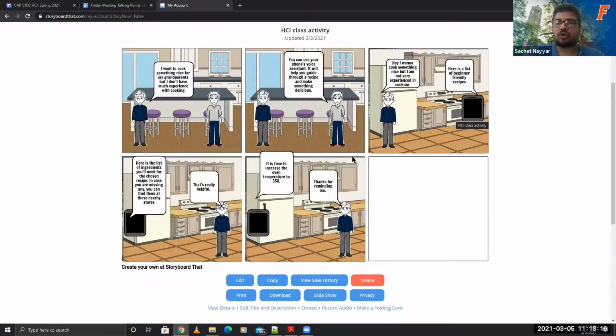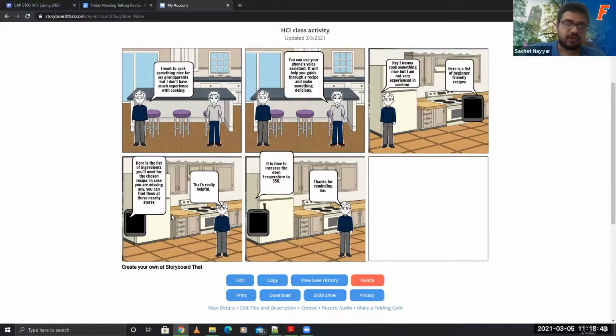In that, when Tom asks the assistant, hey, I want to cook something nice, but I'm not very experienced with cooking, it's letting Tom know that here's a list of beginner friendly recipes. So it's making clear that these are beginner friendly, and thus also providing a list of recipes gives a scope for services and options to the user to select which recipe they would want to go with.